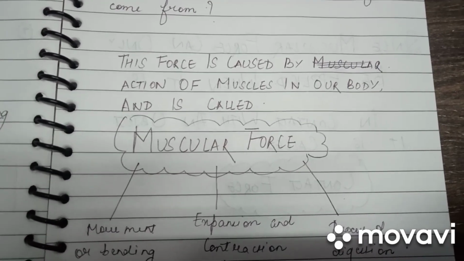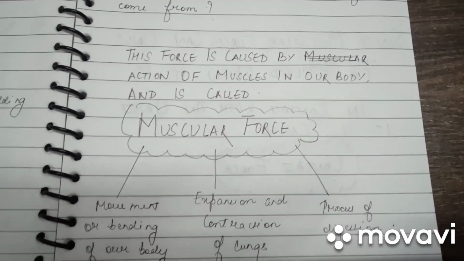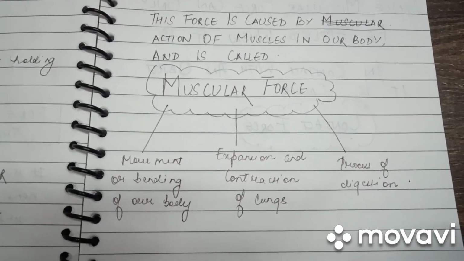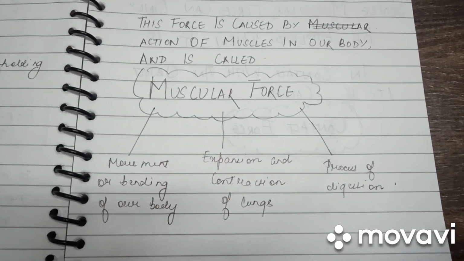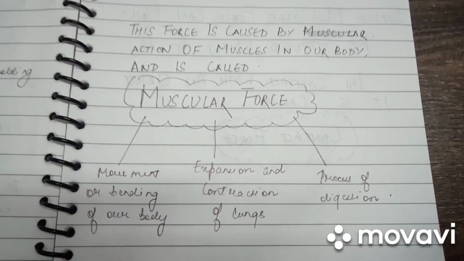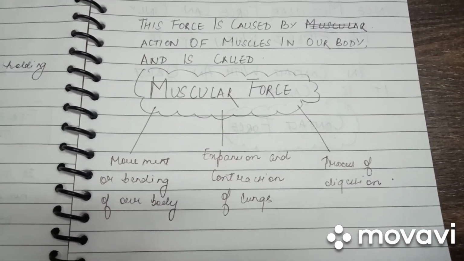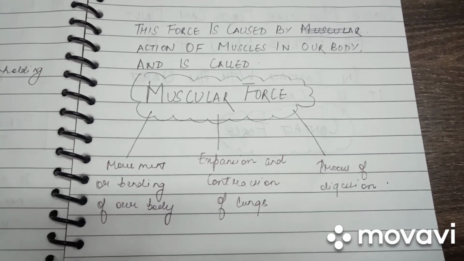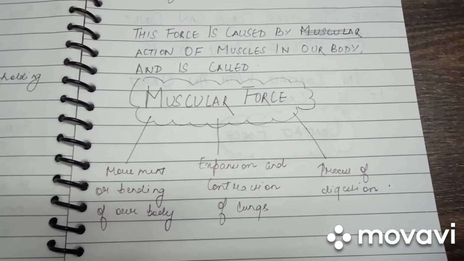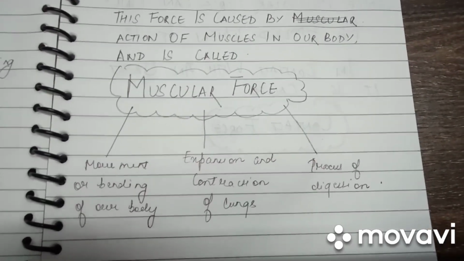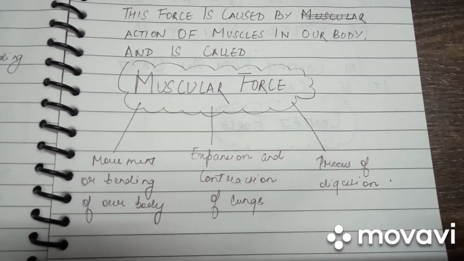Muscular force allows us to perform various bodily activities such as movement or bending of our body, expansion and contraction of our lungs, and the process of digestion. We may wonder, how are we able to do all these activities, and how does the process of digestion or the expansion and contraction of lungs in our body take place? Well, all of these actions are performed by muscular force.